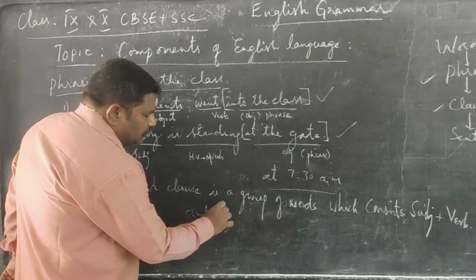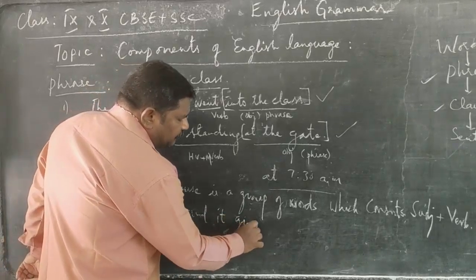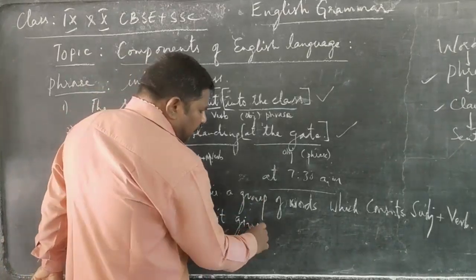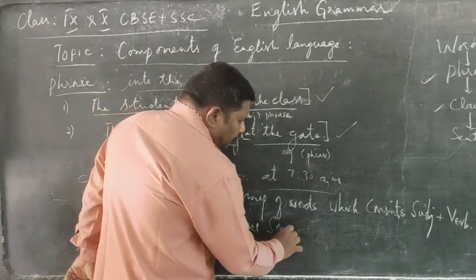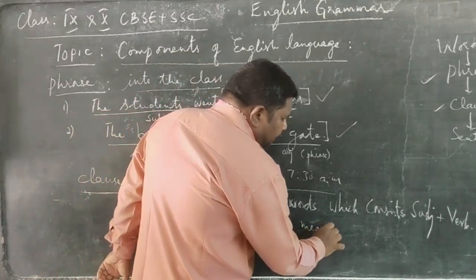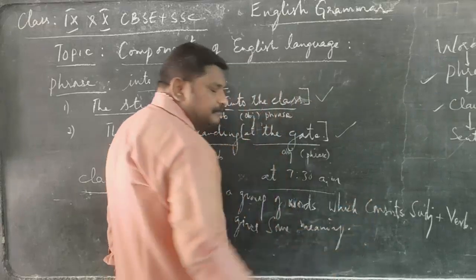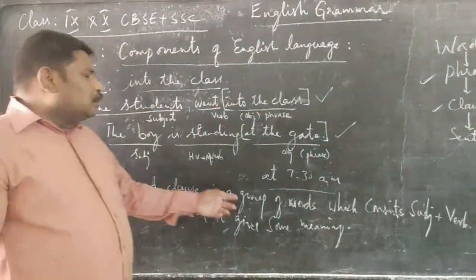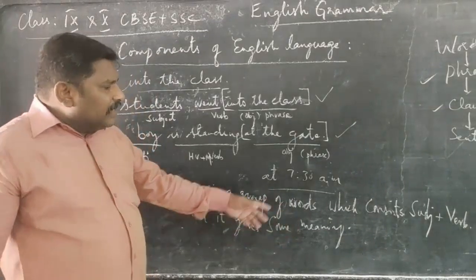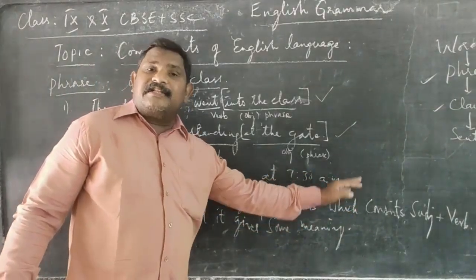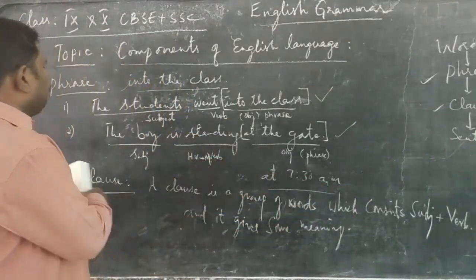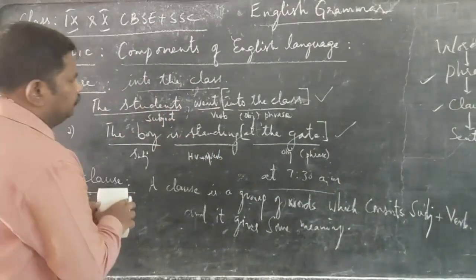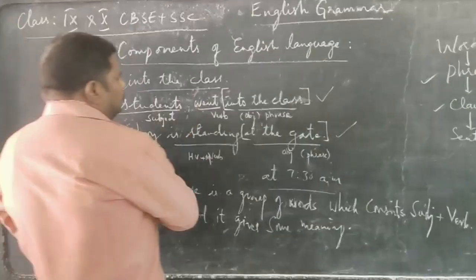And it gives some meaning. I repeat again: a clause is a group of words which consists of subject and verb. Now, if you take this example, the students went.